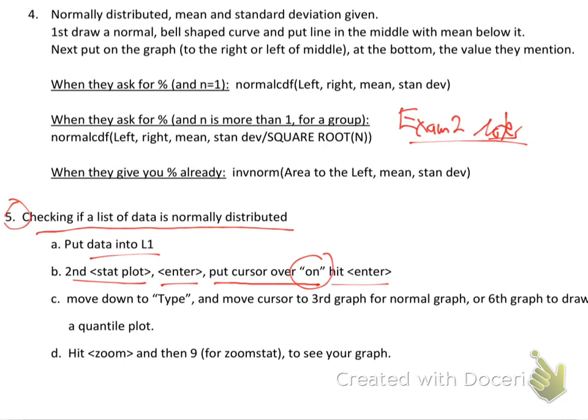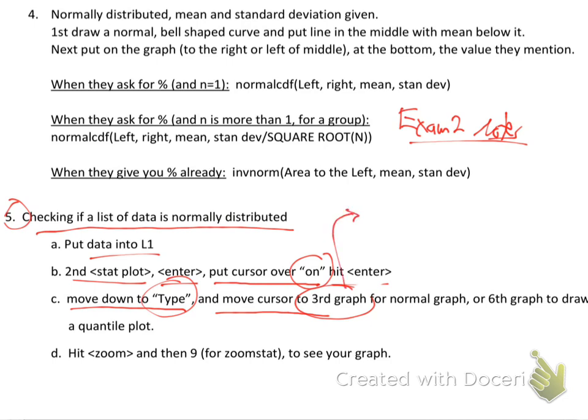Once you've got that going, now move down to Type and move the cursor to the 3rd graph. We'll just do that for now. In a minute we'll do the 6th graph, but the 3rd graph. When I say the 3rd graph, let me show you.